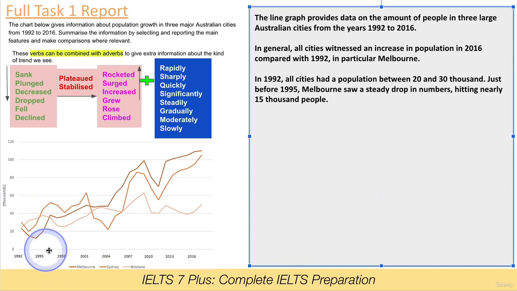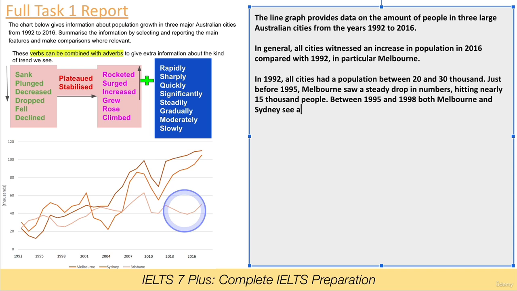Should we say in 1995 and between 1998, but then it drops again. So how about we say between 1995 and 1998, both Melbourne and Sydney see maybe a surge in figures.